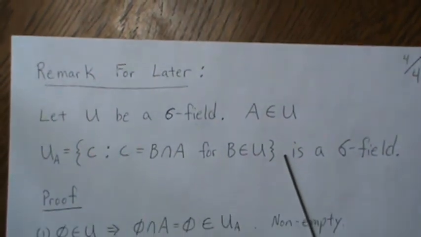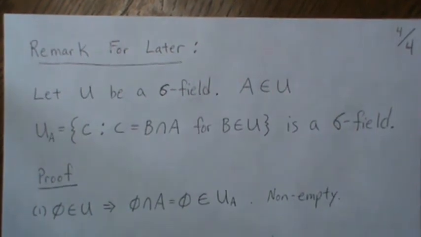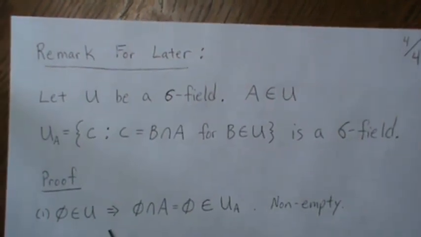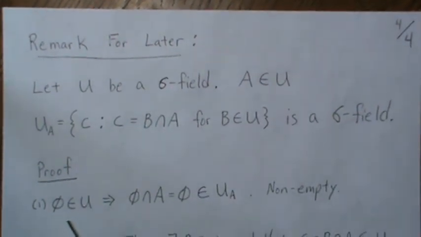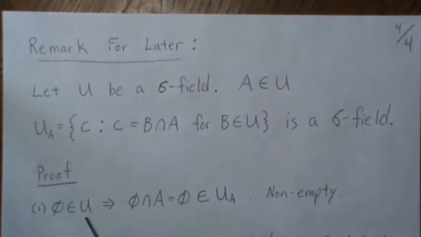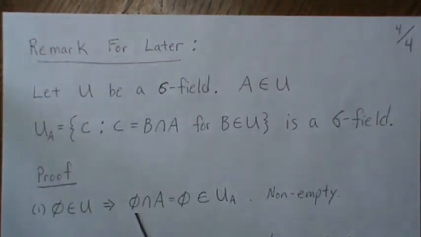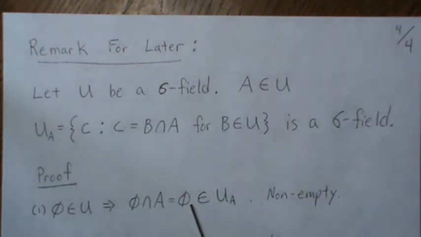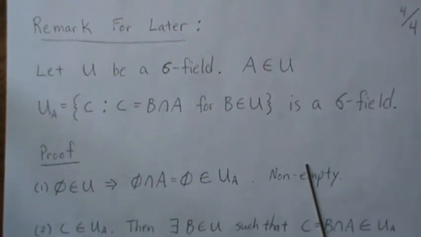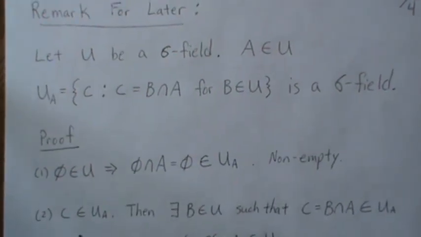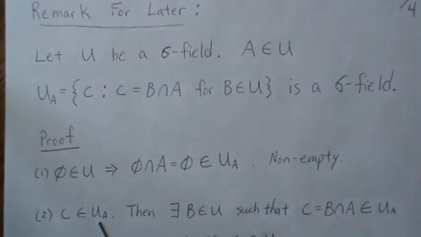So anyway, let's go through this proof. This is the last one. The empty set is in U, because U is the original sigma field, and this intersection is the empty set, so it's in UA, so it's non-empty. Now the second condition, if we have a set in UA, then its complement has to be in UA.